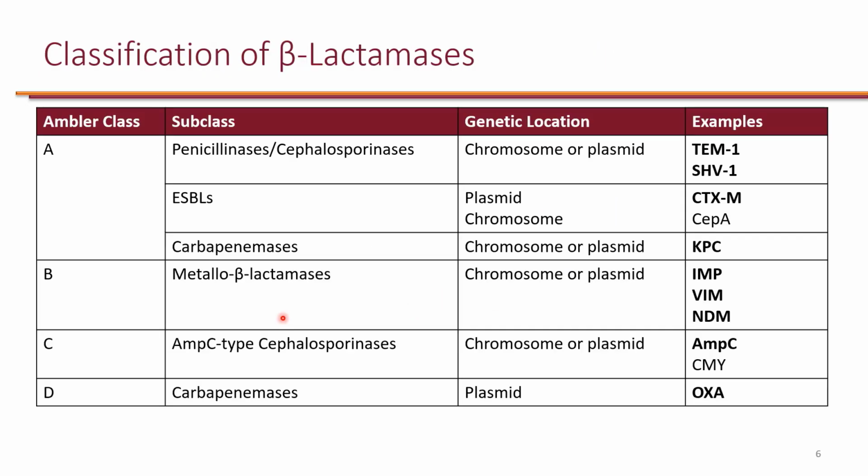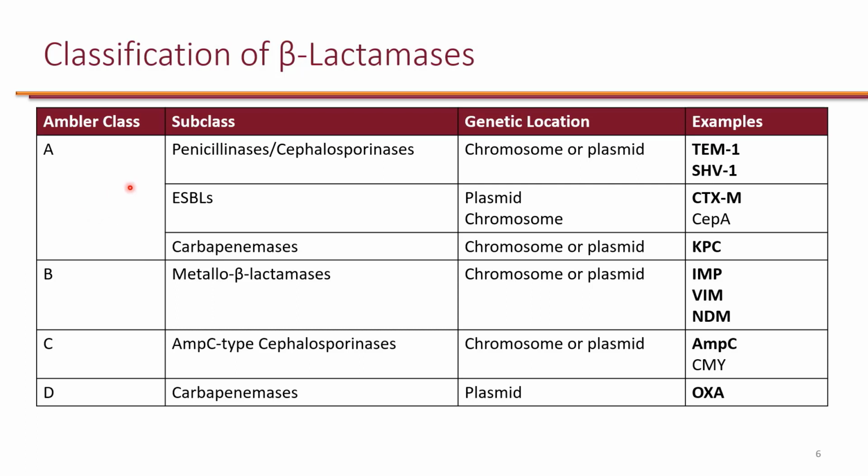There are different ways to classify beta-lactamases. The easiest one is the Ambler classification, which classifies them as class A, B, C, and D. From a biochemical perspective, Ambler class B is metallo-beta-lactamase, whereas class A, C, and D have a serine moiety.